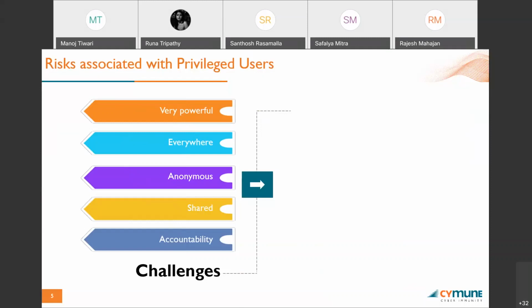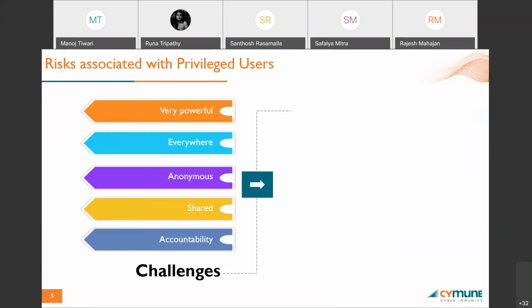They can reboot a system, they can shut down a system, or they can install some malicious software or malware. So they have all the privileges. They can delete the data, they can steal data. So these accounts are very powerful.